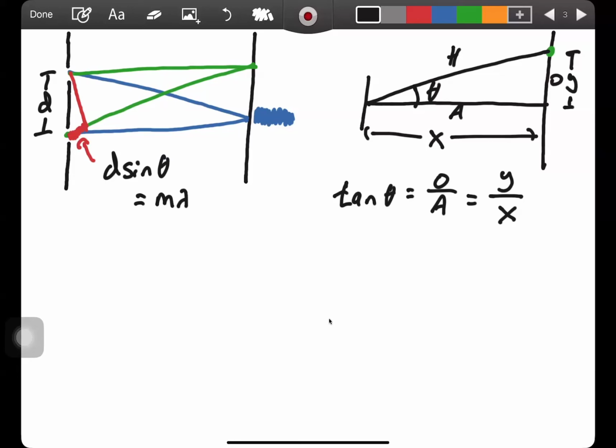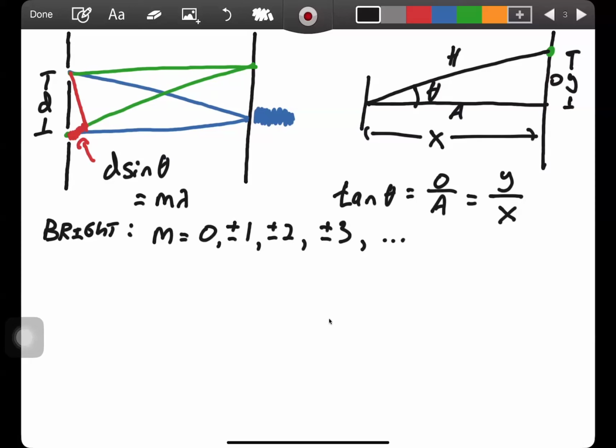And so when you have bright spots, m is going to equal 0, of course, that's the central maximum, but it can also equal plus or minus 1. It can equal plus or minus 2. It can equal plus or minus 3, and so on.